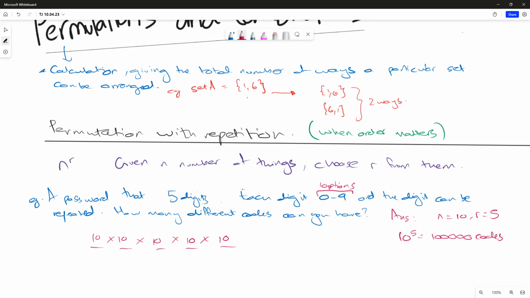In this instance, the order matters. When order does not matter, that's when we use a combination. It depends how you look at it.